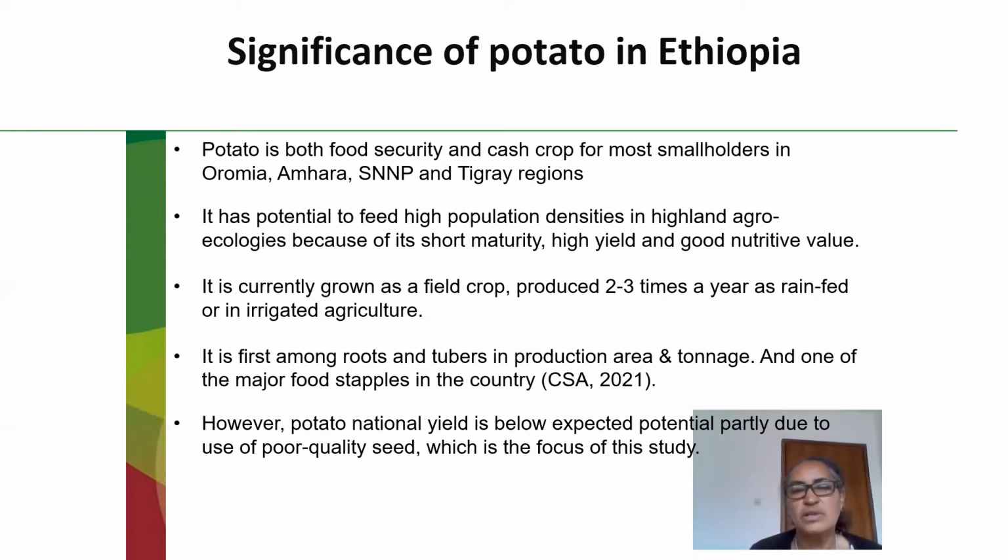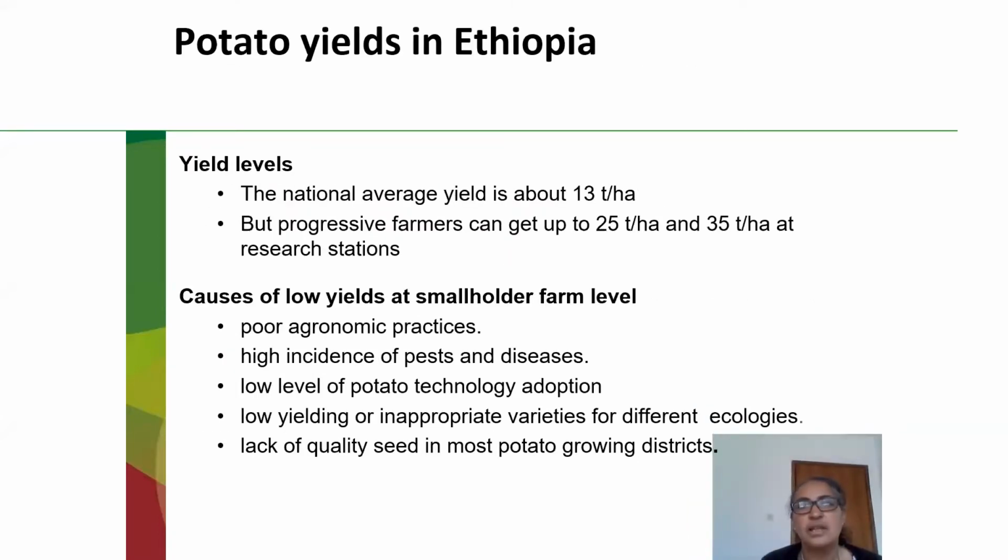However, potato national yield is below expected potential, partly due to the use of poor quality seed, which is the focus of this study. The national average yield is about 30 ton per hectare, but progressive farmers can get up to 25 ton per hectare, and 35 ton per hectare also can be harvested at the research stations.